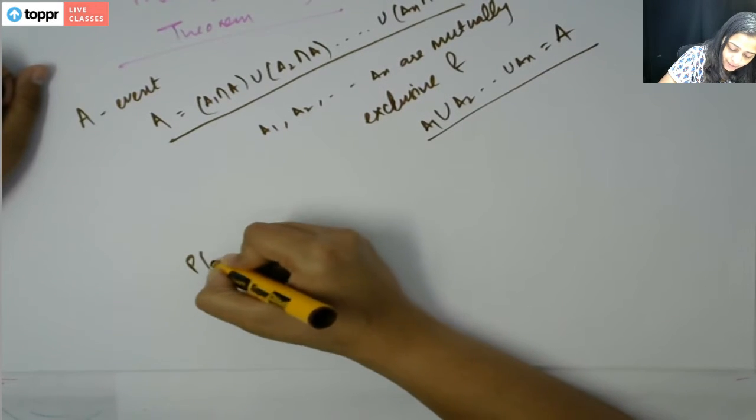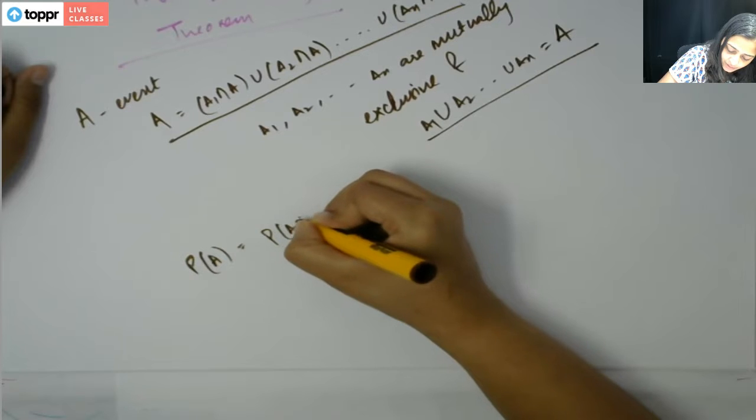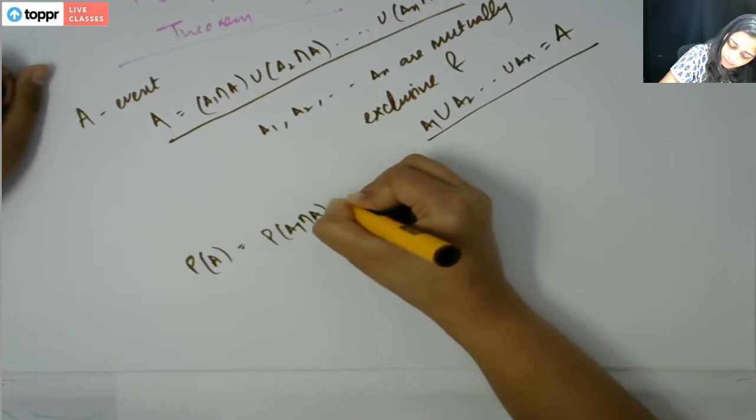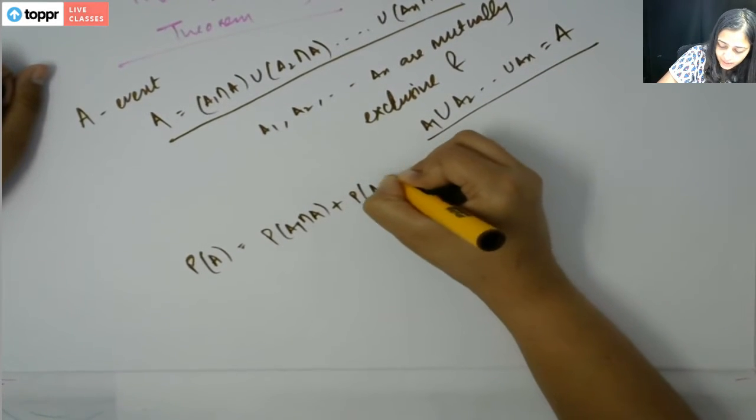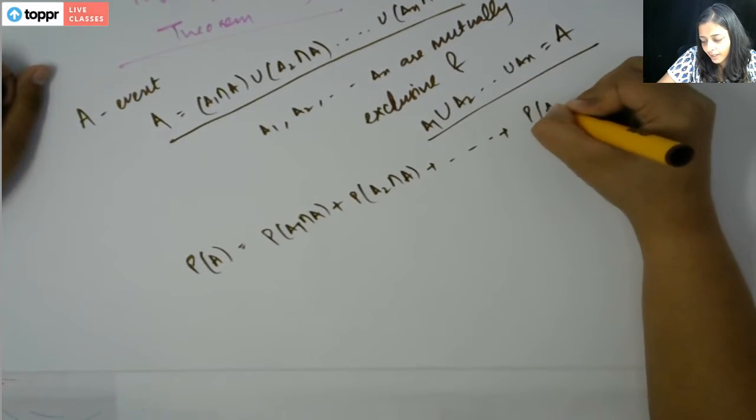Now the probability of A will be equal to the probability of A1 intersection A plus the probability of A2 intersection A plus the probability of AN intersection A.